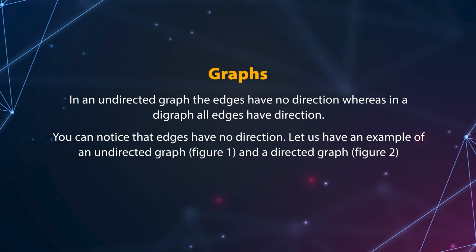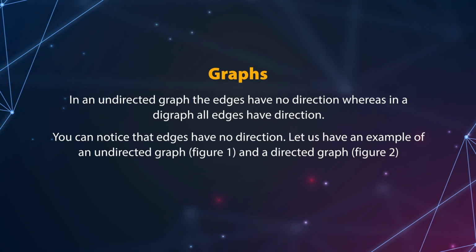This arrow results in different interpretations in graphs. If it is an undirected graph, the edge from A to B is the same as B to A. But if it is a directed graph, the direction is from A to B, so A to B is not equivalent to B to A. That is how it differs.